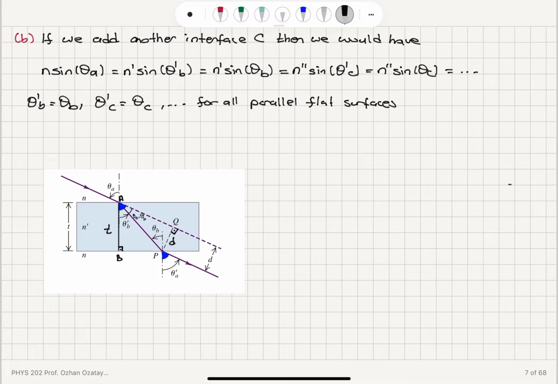Therefore, we can conclude that theta A must be equal to theta prime A. Outside we have n sine theta prime A, and this is true regardless of the number of parallel plates.